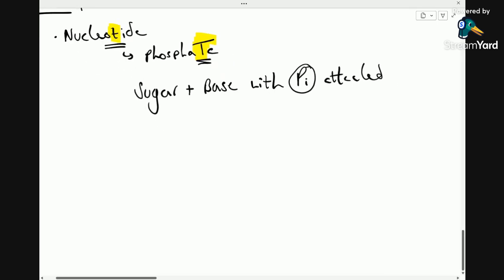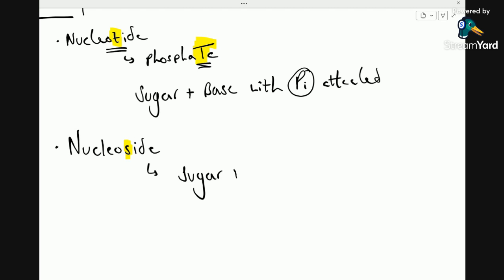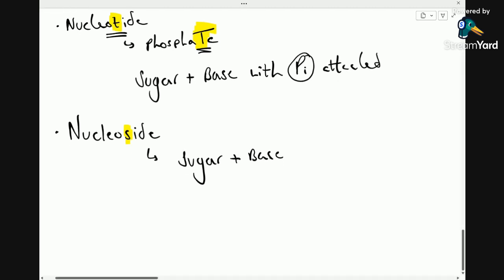And the nucleotides can be named because there's something called a nucleoside. I remember this because S stands for sugar. So this is quite literally just the sugar and the base. No phosphate. So there's no T, so no phosphate.